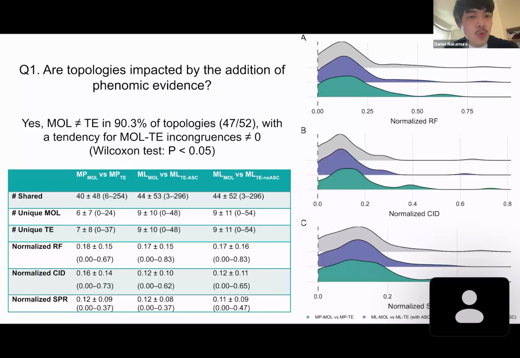Question 1 is, are topologies impacted by the addition of phenomic evidence? Our results indicated that yes, incongruences between molecular and total evidence trees were found in 90% of the data sets. And when we performed statistical analysis using the Wilcoxon tests, we also found that the incongruence between molecular and total evidence trees tends to be significantly different from 0.